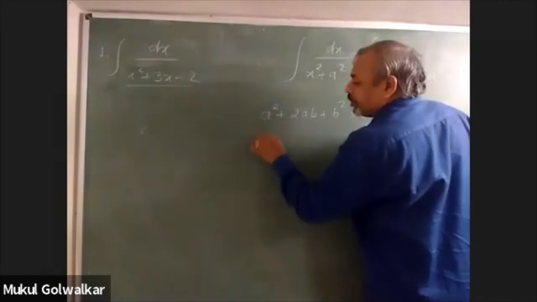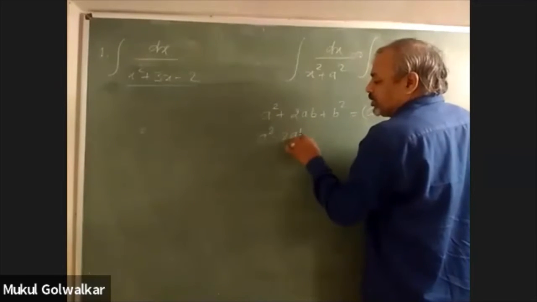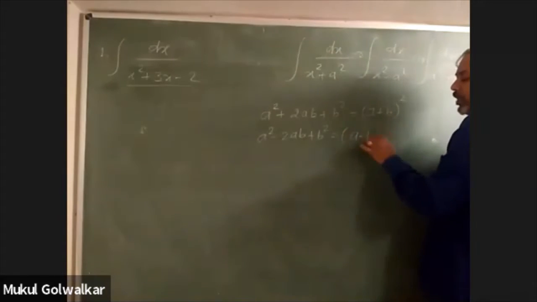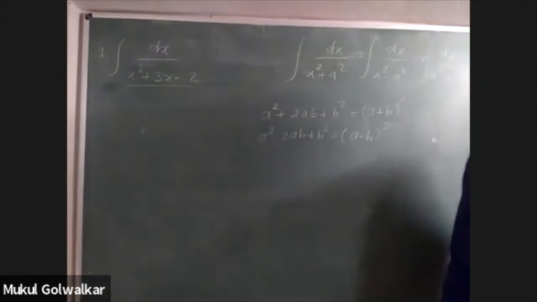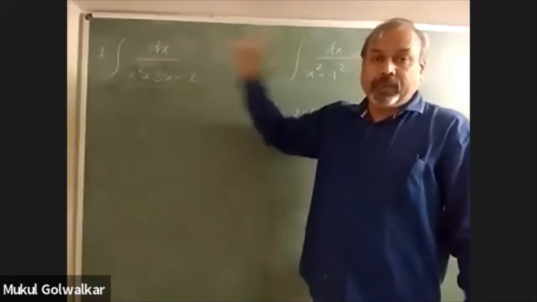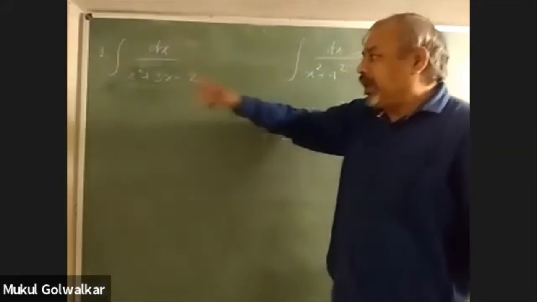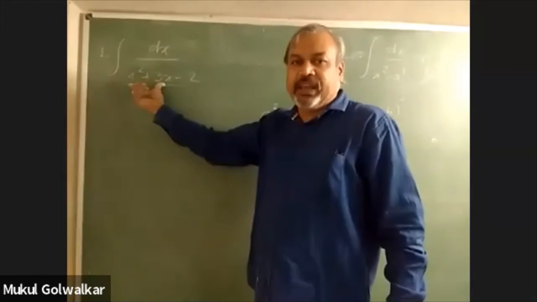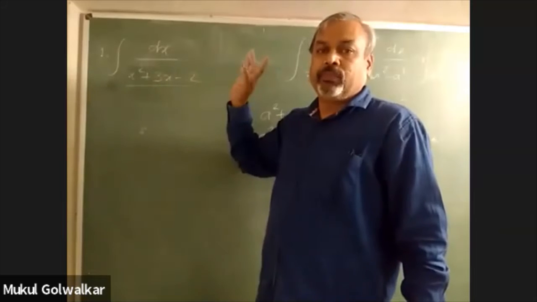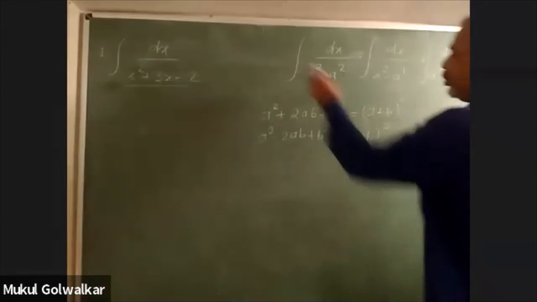Or even if we have a term like a square minus twice ab plus b square, it can be written as the perfect square of the single term a minus b. So this concept we shall try to apply here. Now please see, there are quantities containing the variable x, so we shall try to make them a perfect square.